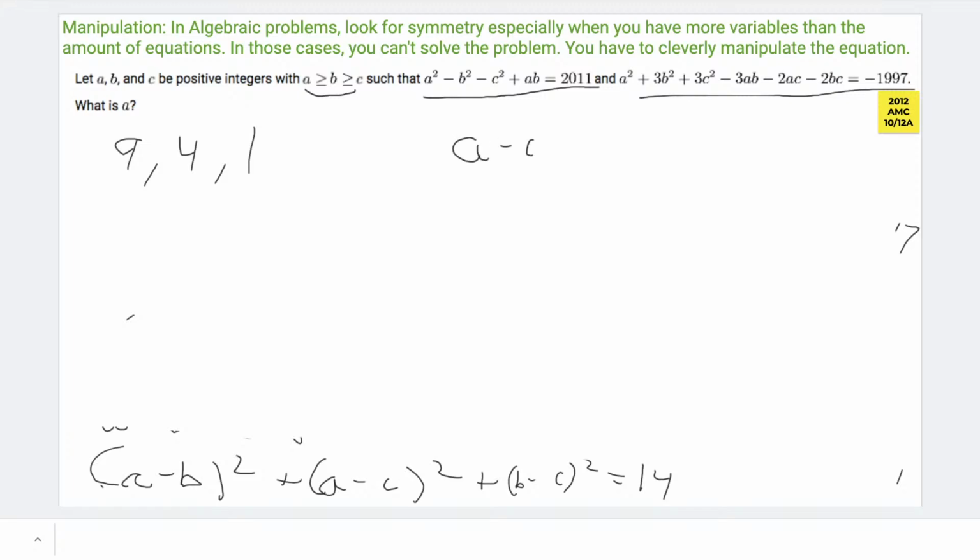Now, if you actually solve the problem, you will assume first that a minus b equals 2 and b minus c equals 1, or you'll do a minus b equals 1 and b minus c equals 2. So you have two cases.